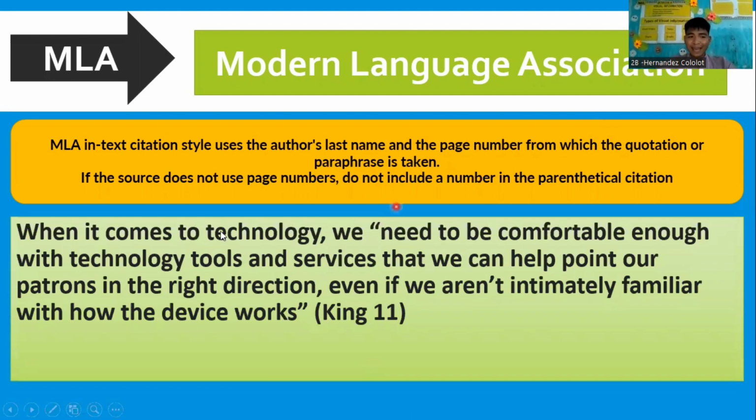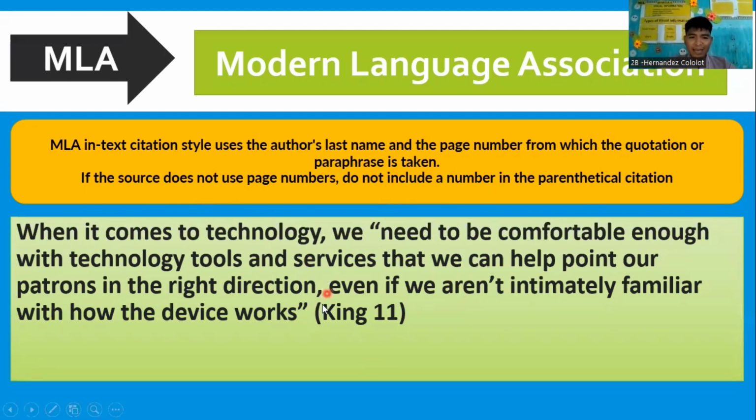Okay, so here is an example. When it comes to technology, quote, need to be comfortable enough with technology tools and services that we can help point our patrons in the right direction, even if we aren't intimately familiar with how the device works, end of quote, King, page 11.